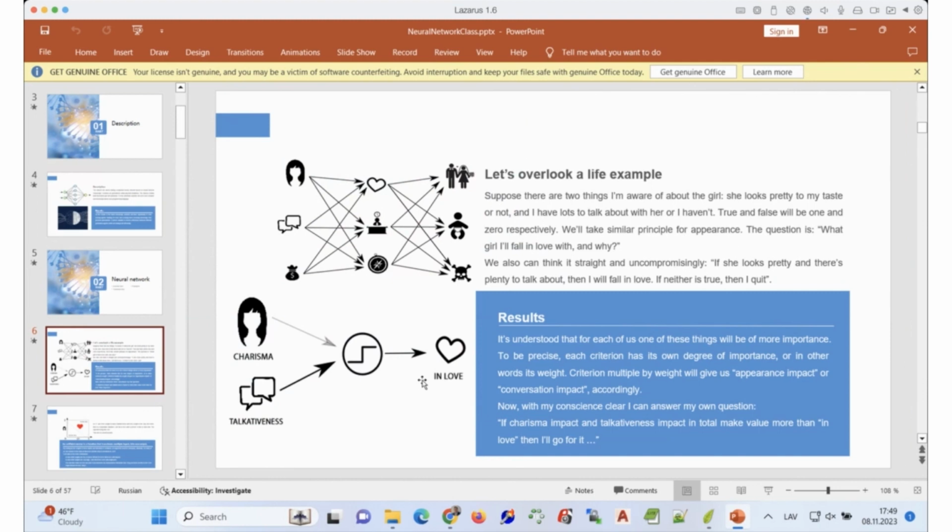So what is the classical example of the work of a neural network? It is a conclusion about someone, about something, a conclusion about how things should happen, how a human being will interact with others, and so on.